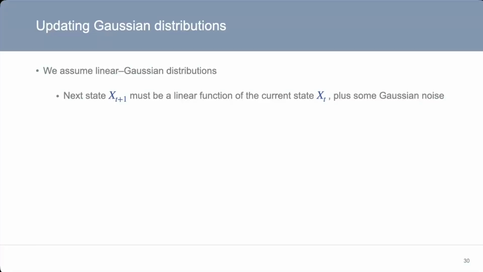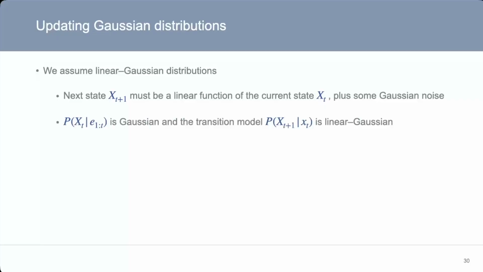For Kalman filters, we make some assumptions. First, we assume a linear Gaussian distribution. This means that the next state, Xt plus 1, should be a linear function of the current state Xt plus some Gaussian noise. In practice, this looks like this. P(Xt | e1 to t) is Gaussian and the transition model is linear Gaussian.